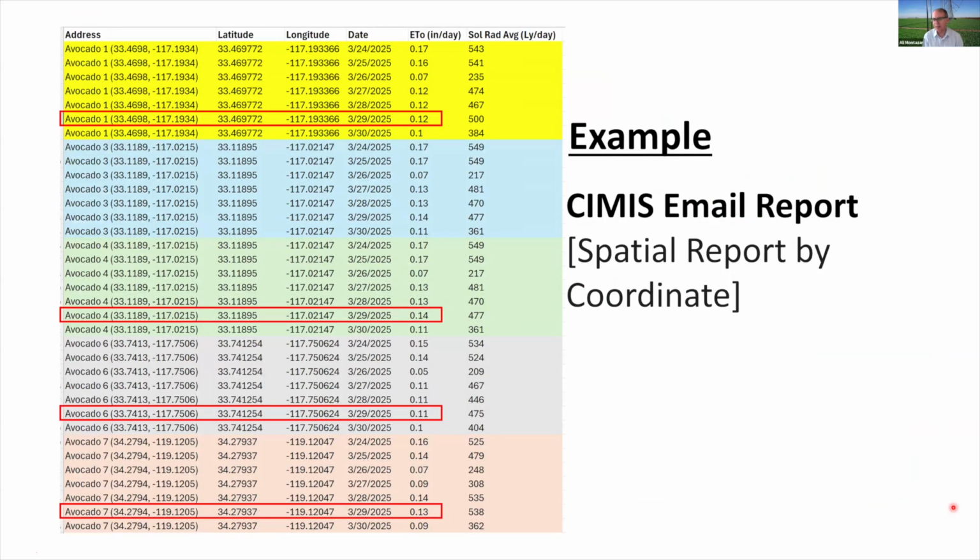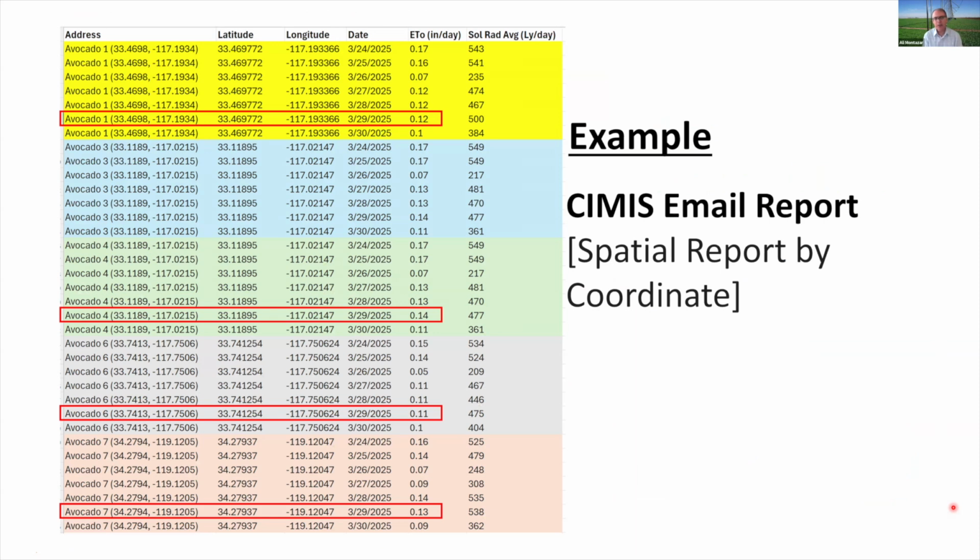This is one example, a report I received from Spatial CIMIS for several avocado sites I have. Let's focus just on March 29. You clearly see the ETO in those sites is different, even for just one day.